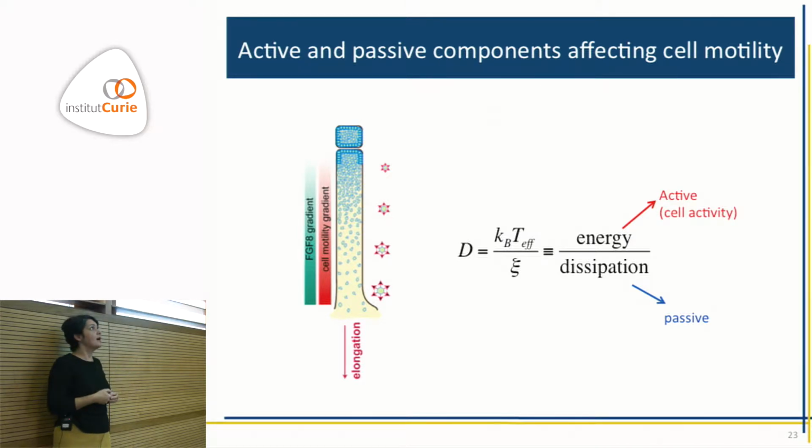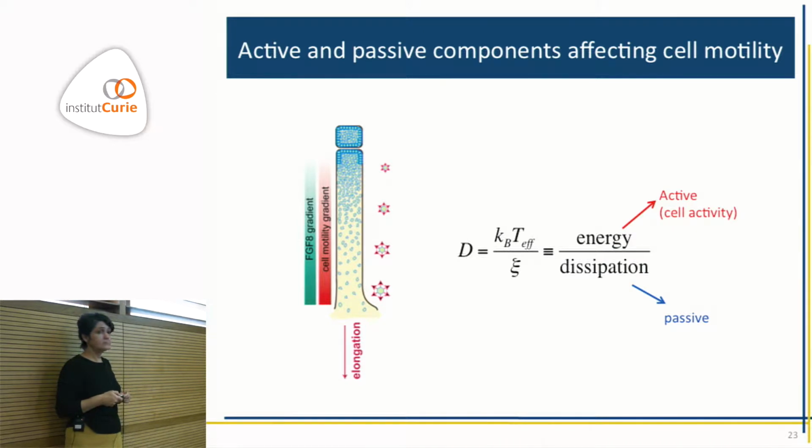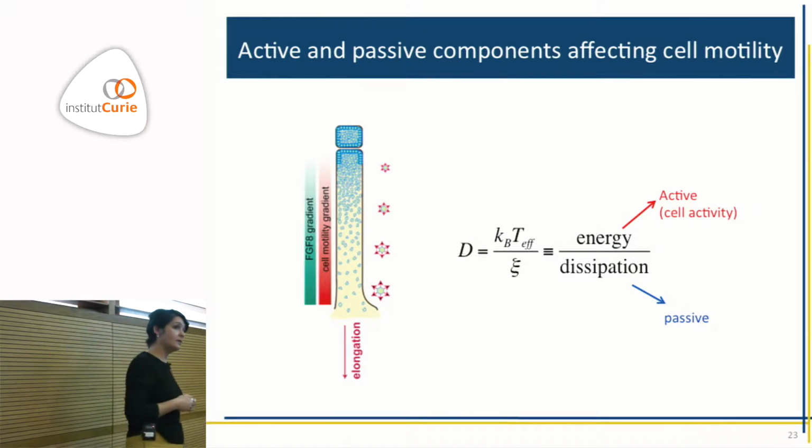Sometimes this comes up, that if you change the temperature, you're changing the thermal energy, but that's not the case. It's an activity of the cell that you are changing. And the dissipation comes from what I talked a little bit about, like the viscosity that can exist inside the tissue.